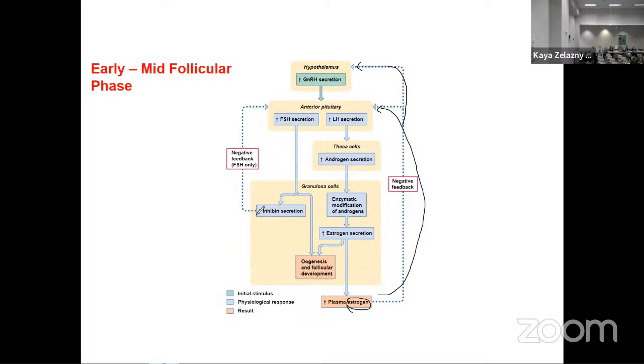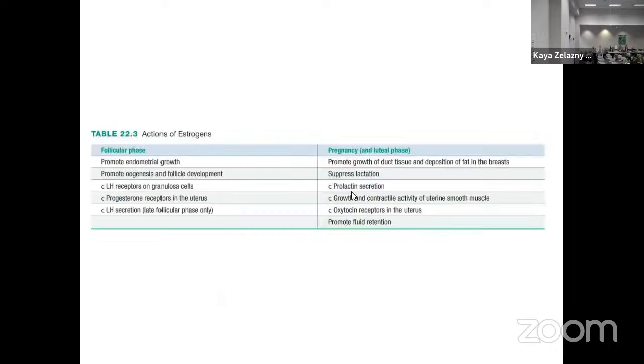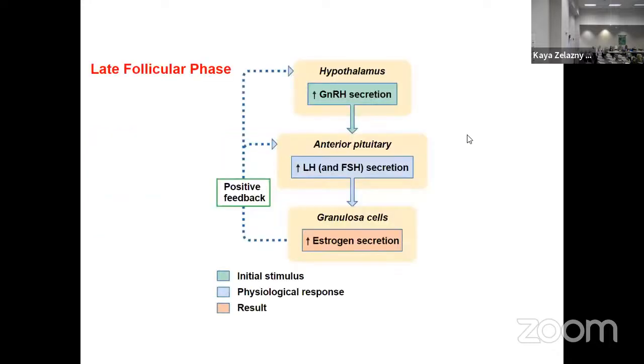And this additional hormone, inhibin, is inhibiting follicle stimulating hormone. Here are some descriptions of the actions of the estrogens we're producing, their actions throughout the follicular phase, as well as through pregnancy and during the luteal phase.